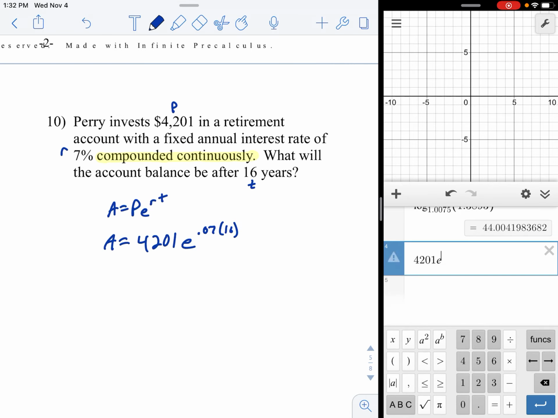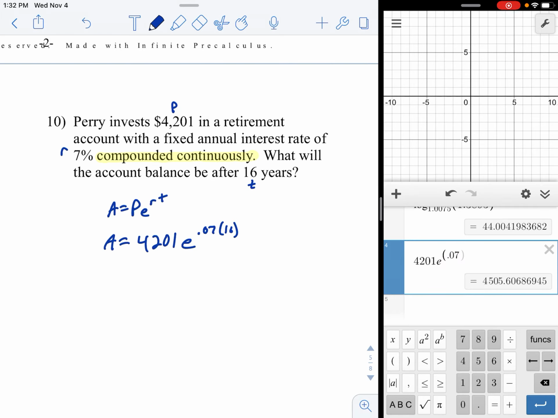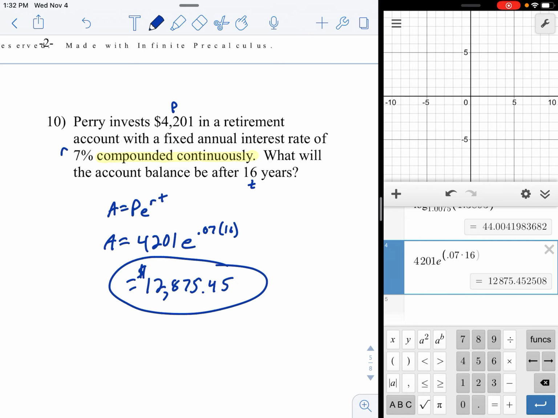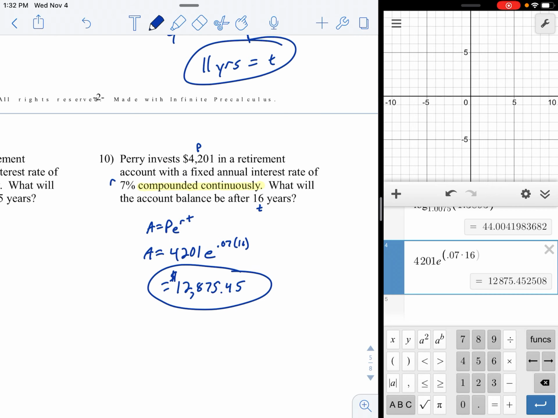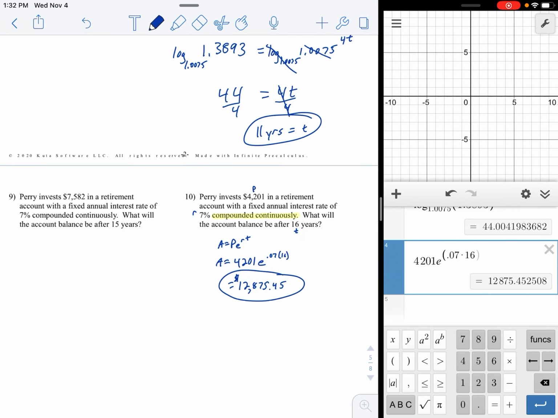And then to raise this to a power, 0.07 times 16. And we get $12,875.45. And wow, that more than triples the money. Now you can see why it's a good idea to make investments.